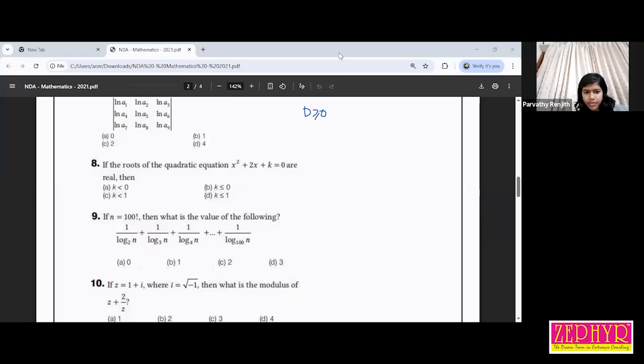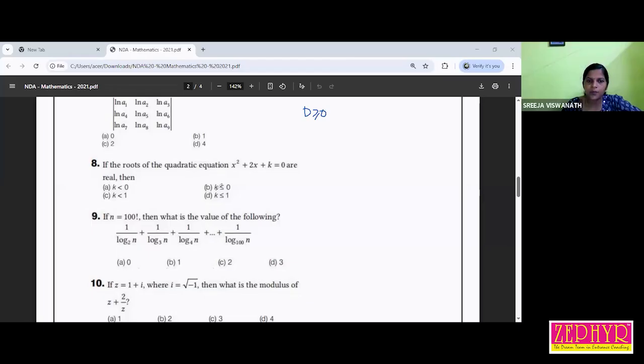Option D. Right. K less than or equal to 1. Since discriminant is greater than or equal to 0, B square minus 4AC greater than or equal to 0. That is 4 greater than or equal to 4K, 1 greater than or equal to K. That means D. Next question.